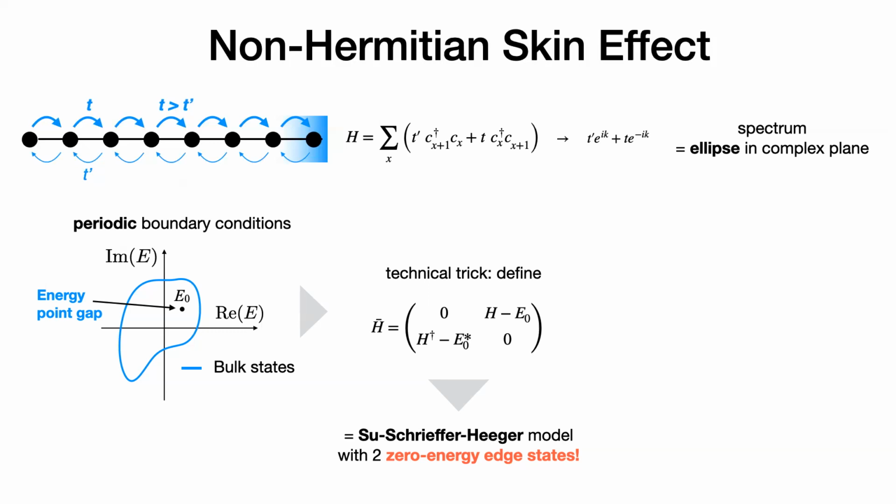Related to my question, is there a signature in the spectrum of H that would tell you whether you had a point gap or a line gap in a non-Hermitian system? Not that I know of. You would have to calculate some invariant for the eigenstates. The issue is that any line gap is by definition also a point gap. It's just that not all point gap systems also have a line gap.